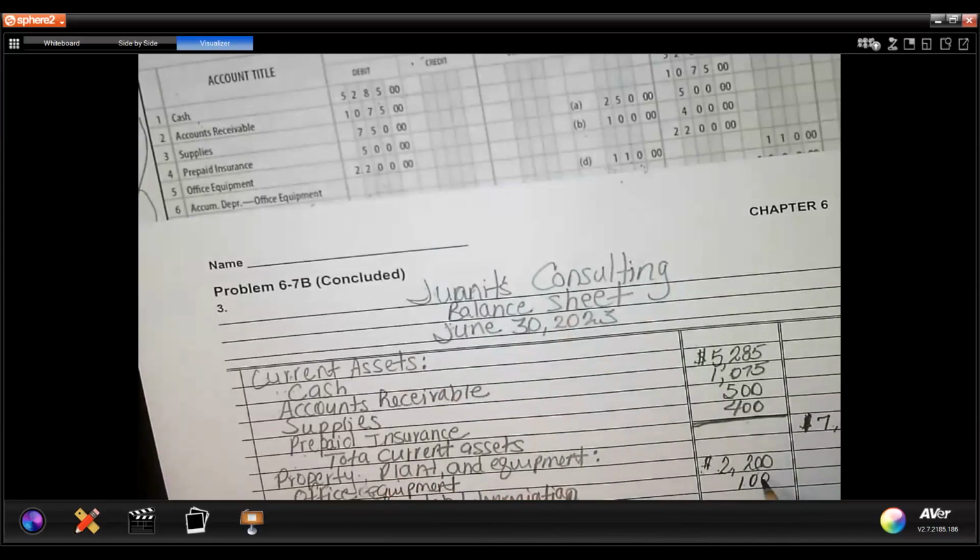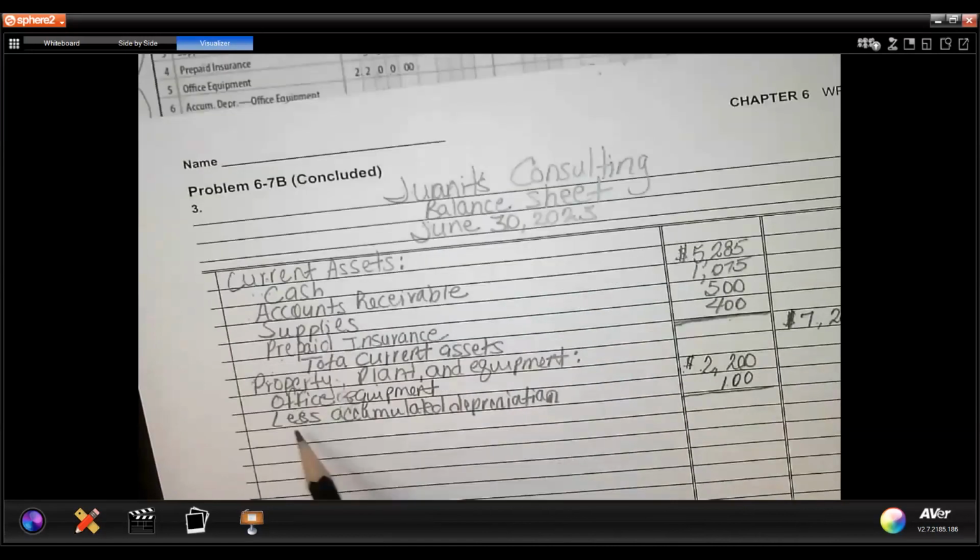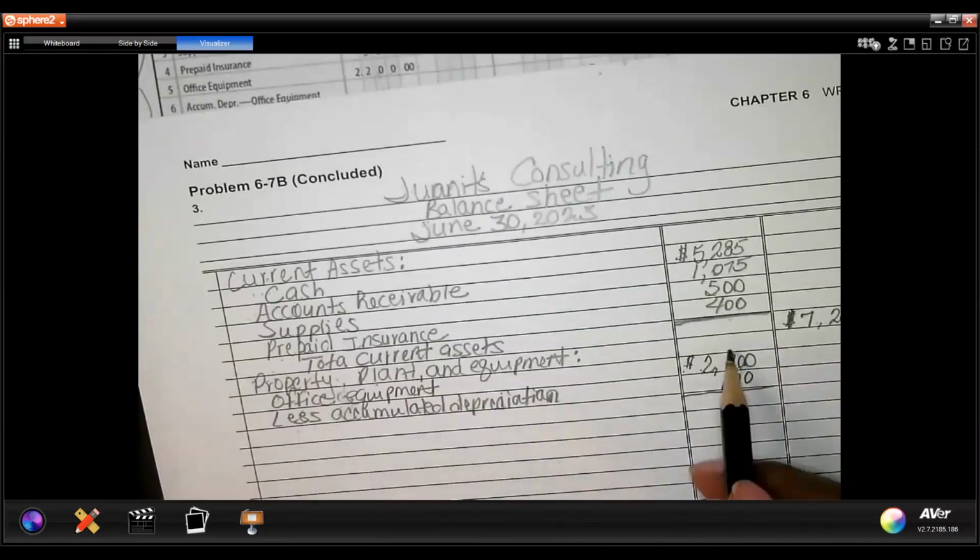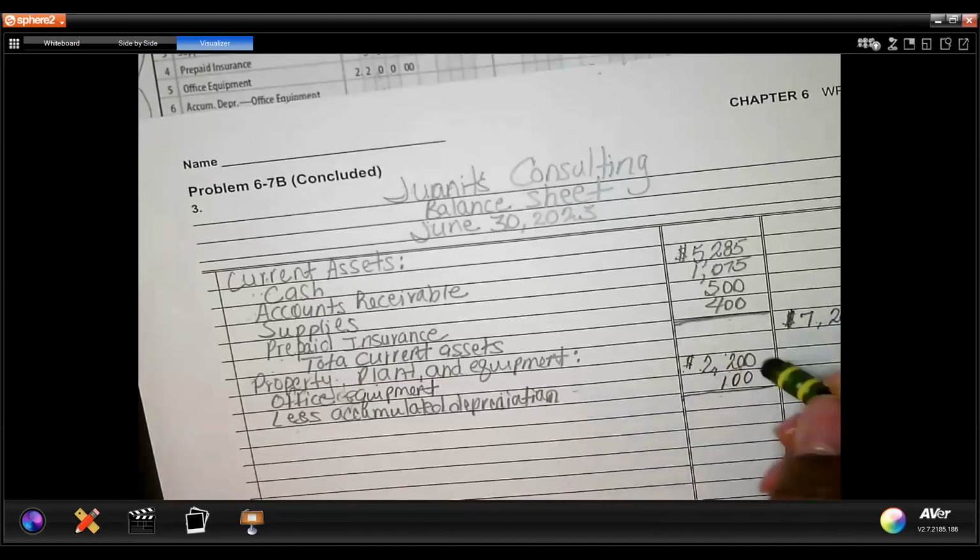And so because we're going to show calculations, we're going to just single rule here. And then now we need to show, because remember, we've recorded this as less accumulated depreciation. So here is where we're going to take that depreciation off of the original cost of the office equipment. We paid $2,200 for it. I think that this balance should be 110. Let me make that correction.